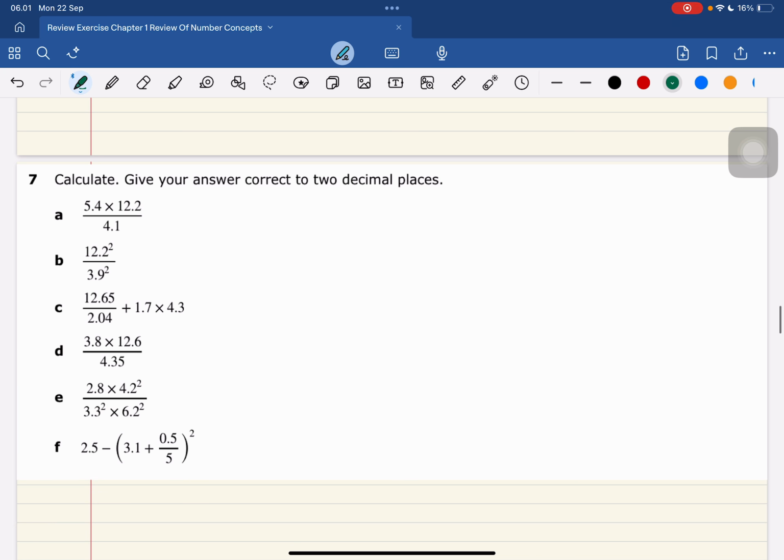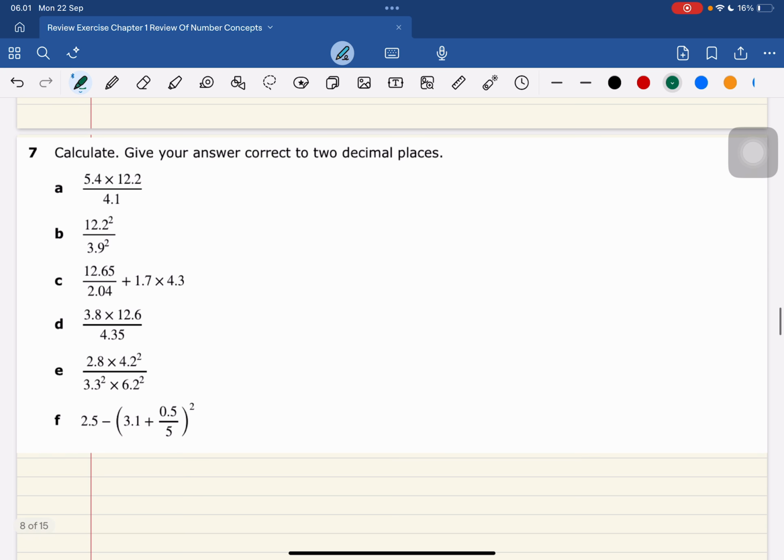Okay, calculate and give your answer correct to decimal places. So we got 5.4, we multiplied by 12.2. So this will give us 65.88 and divided by 4.1.